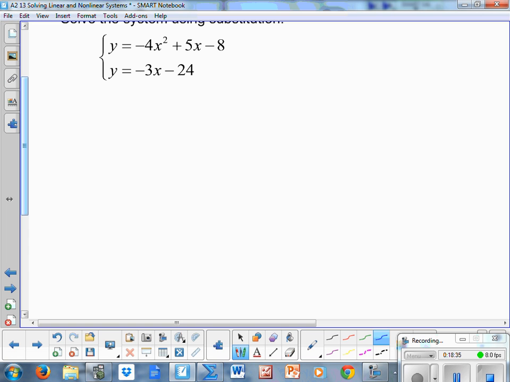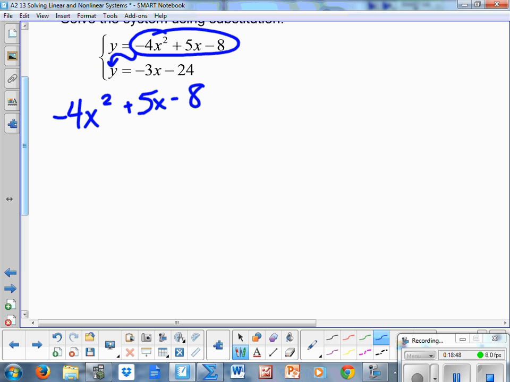This function here is set equal to y, so I can plug all of that into the other y. It gives me -4x squared plus 5x minus 8 equals -3x minus 24.